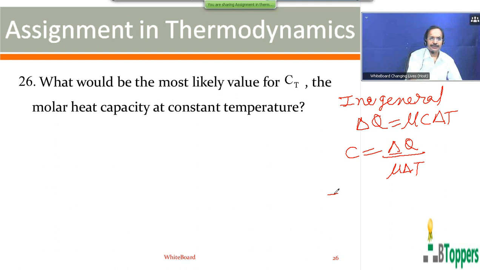So when the gas temperature is constant, then delta T will be 0.